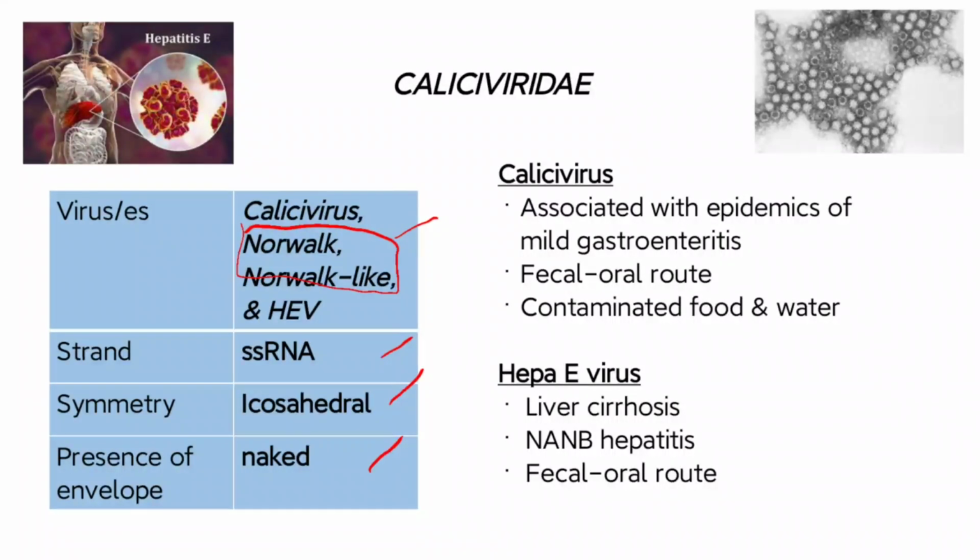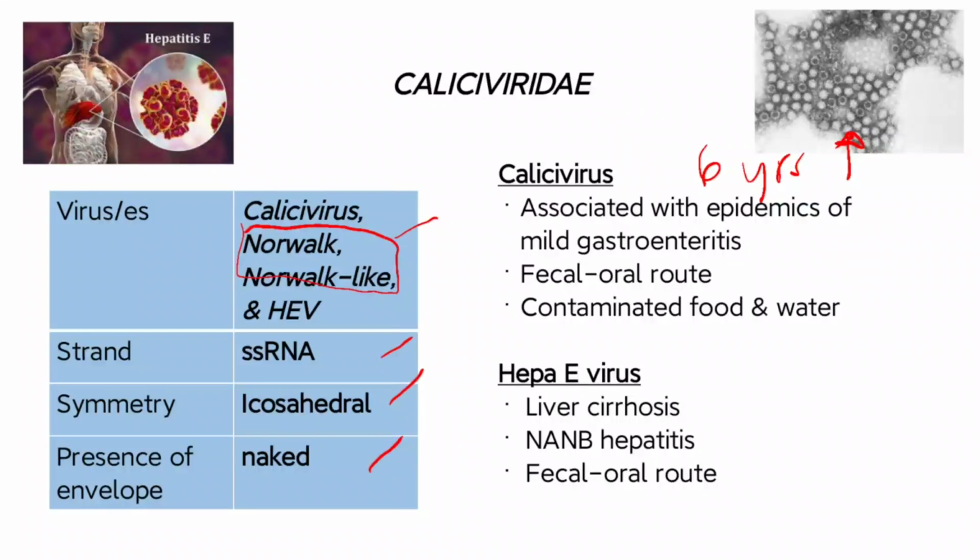So, calicivirus associated with epidemics of mild gastroenteritis. Okay? As compared dun sa previous one sa rotavirus, no, calicivirus sa humans, epidemics of mild gastroenteritis sa mga children din to, predominantly in children 6 years above.